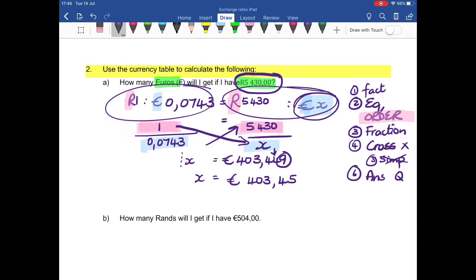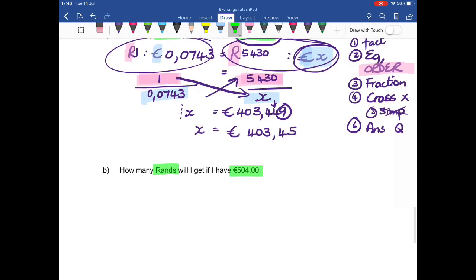Right, let's have a look if we now have to calculate how many rands. So again, rands and euros. So you would go back to your table, and the fact is the same as what we had before. 1 rand to 0,0743. That is the exchange rate.